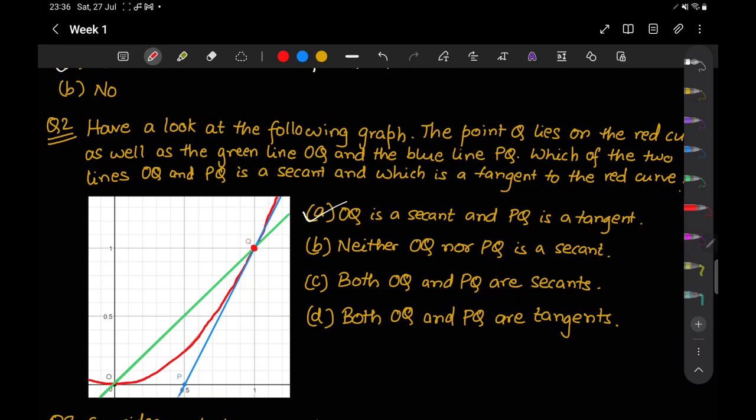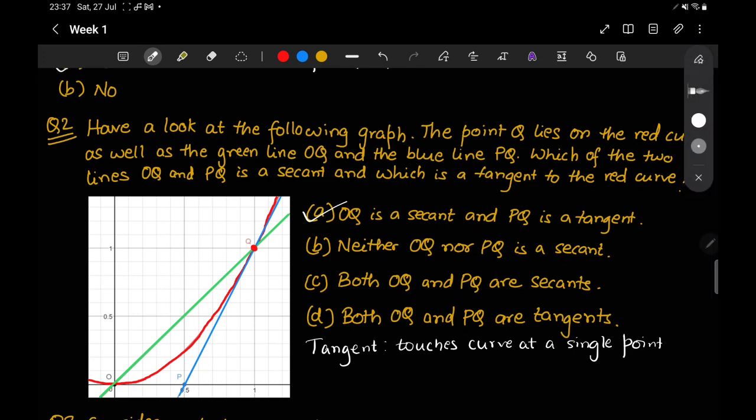Now, why am I calling OQ a secant and PQ a tangent? A tangent touches the curve only at one point, whereas a secant can touch at more than one point.